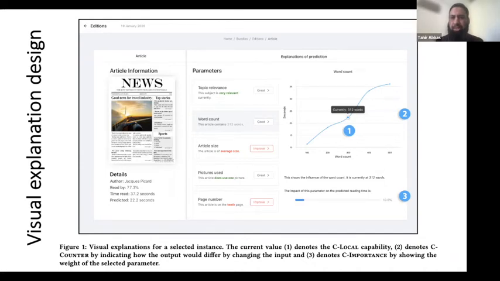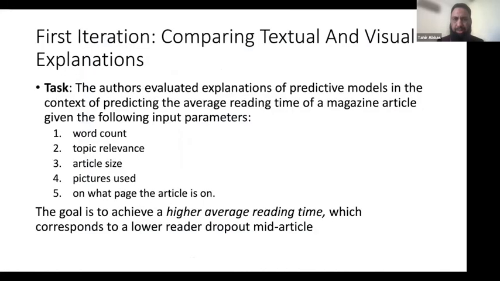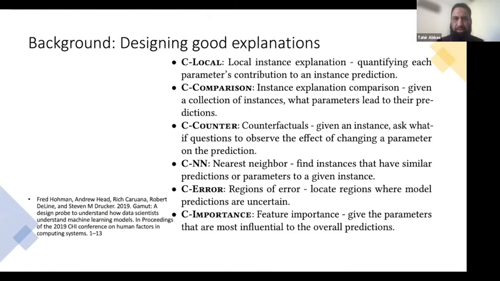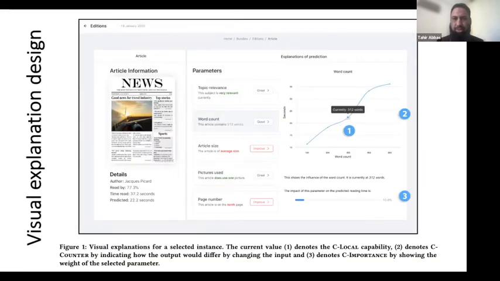So it is a 2D graph that shows how much influence an input parameter has on the output y, and it is described like this. On the right part of the screen you can see, they use all of the attributes that I described in the previous slides, C local, C counter, and C importance, and they incorporated this within this design that you can see on the screen.